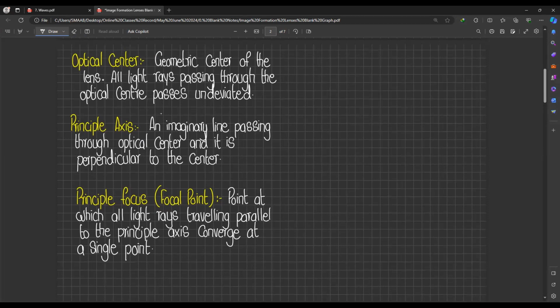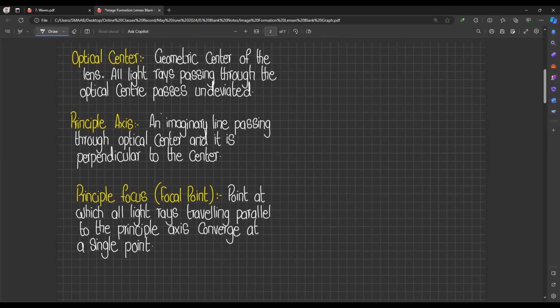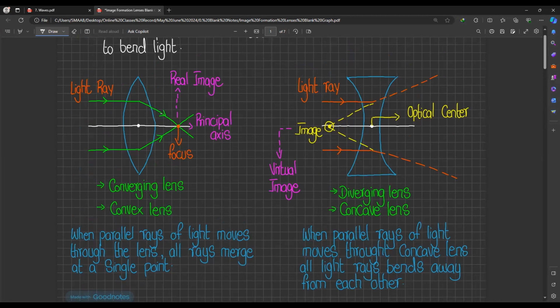Always remember, in our exam paper we don't need to draw the exact picture of a concave or convex lens. Principal focus is the point where light rays traveling parallel to the principal axis meet, that is, converge at one point.